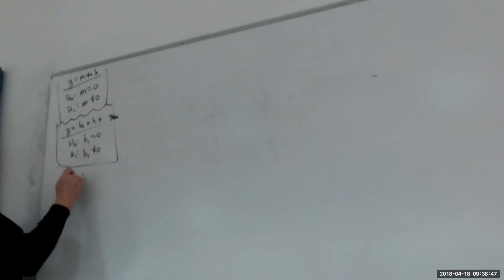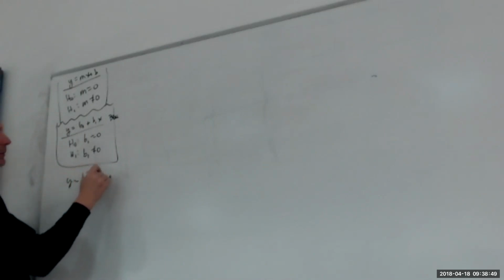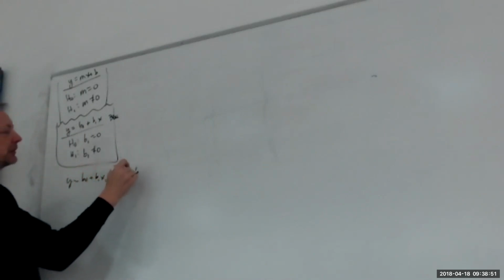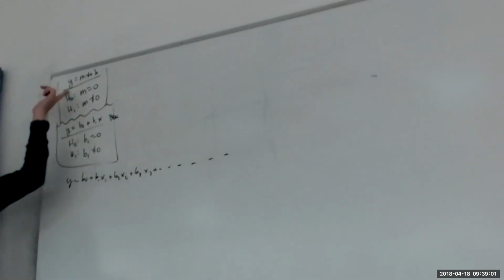If you get into more advanced statistics than we are, you're not going to limit yourself to just 2 variables. You're going to say y equals b0 plus b1x1 plus b2x2 plus b3x3 plus however many you got. You could have 30 variables out there. And so we're just doing simple regression.